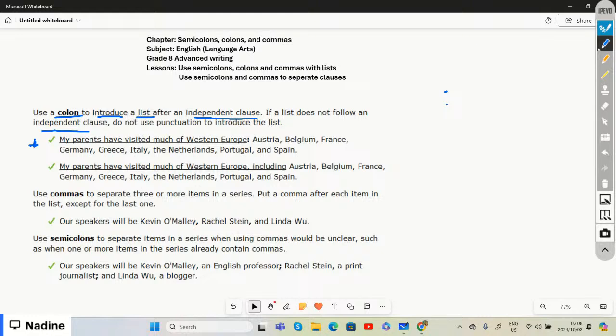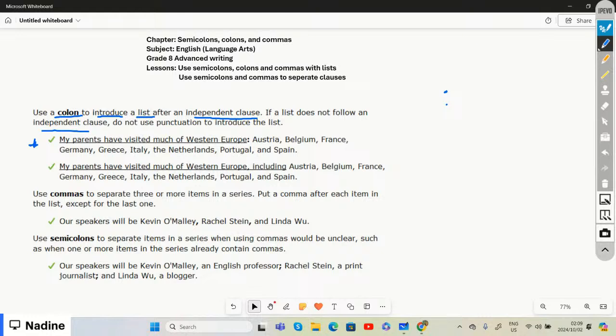And now they're introducing all the places that the parents have been to, which is Austria, Belgium, France, Germany, Greece, Italy, the Netherlands, Portugal, and Spain. So that is basically giving the list of all the places that their parents have visited in Western Europe.